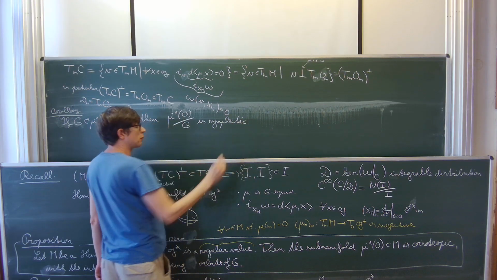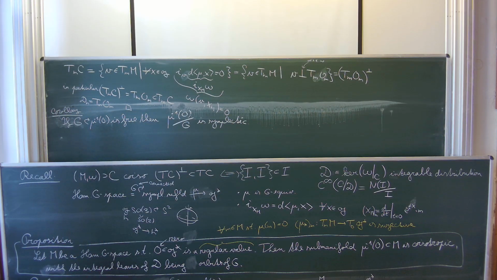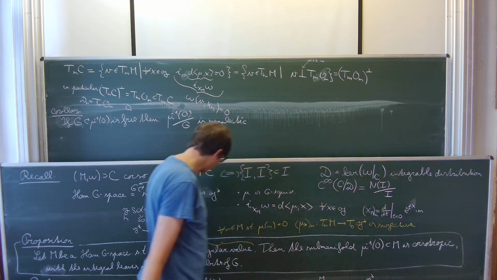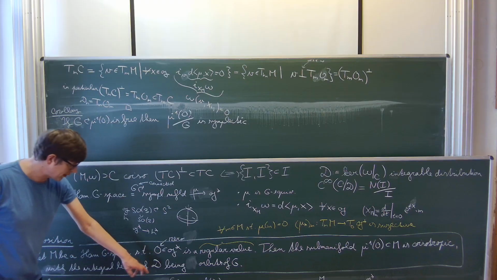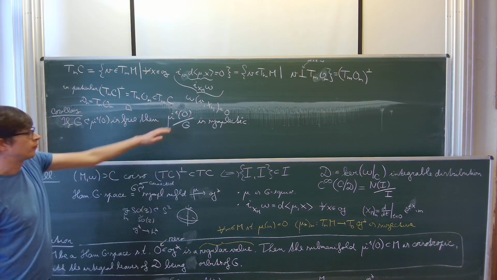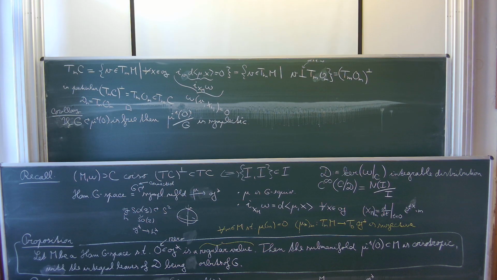Because it fits into our picture of coisotropic reduction. I take a space which is coisotropic, which is my pre-image of 0, and I mod out by 0 leaves of omega, which is precisely the orbits. So this is the space I get.